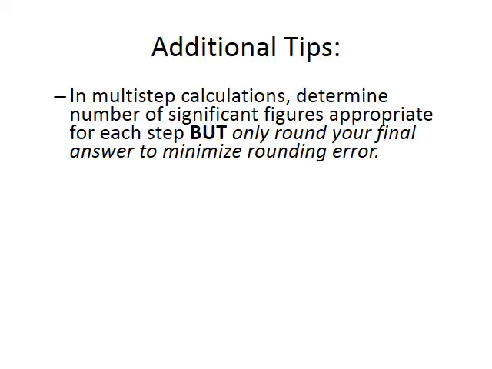You should look back at each step and figure out how many significant digits should have been kept and use that as a guide to figure out where to round your final answer to. But if you start rounding at each step, you actually introduce error, and you would find that the answer you got could be significantly different than what it would have been if you hadn't rounded along the way. So the rule of thumb is round at the end.